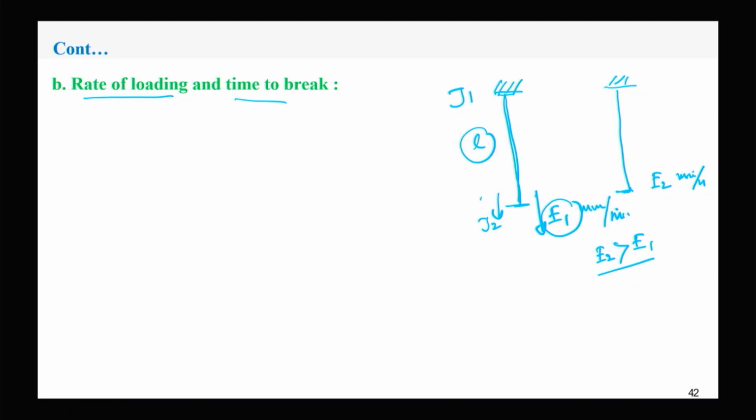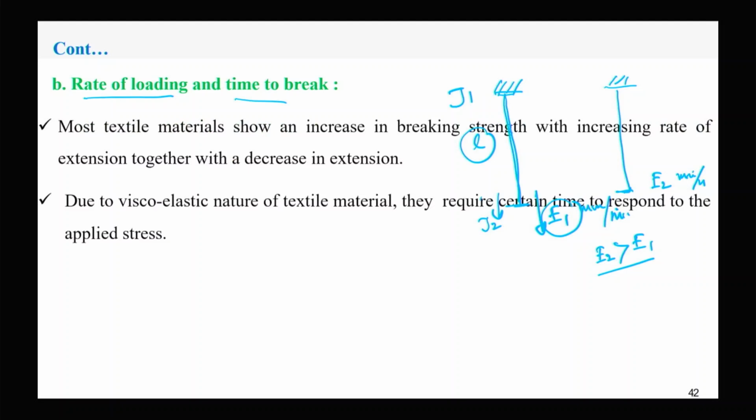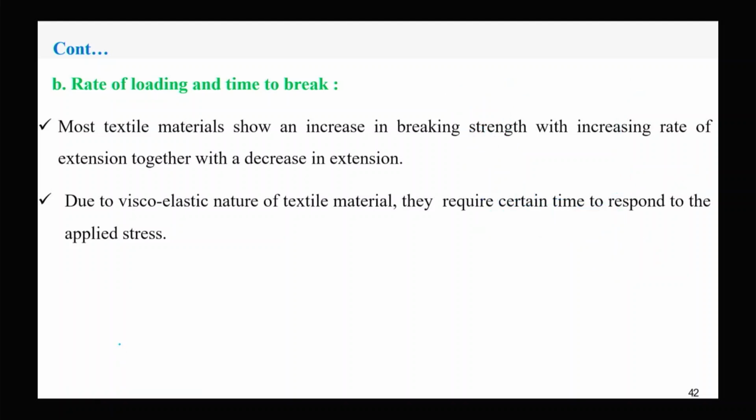that will affect the strength of the yarn. To understand this effect, let us see the viscoelastic model. This effect is basically due to the viscoelastic nature of the material. Textile materials show an increase in breaking strength with the increasing rate of extension, with a decrease in extension, that we will discuss.